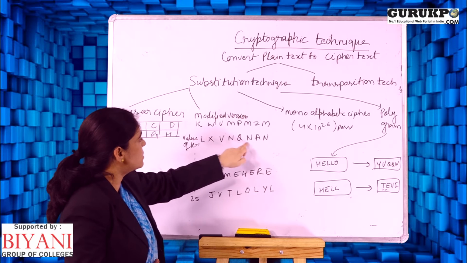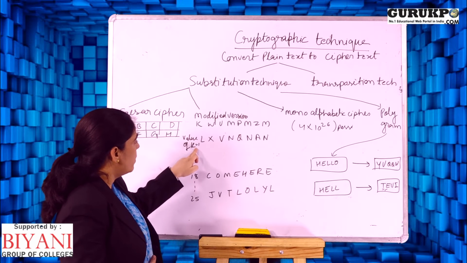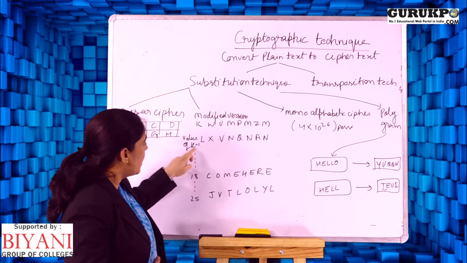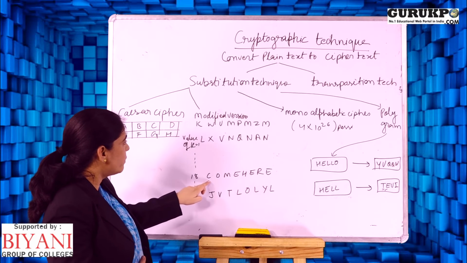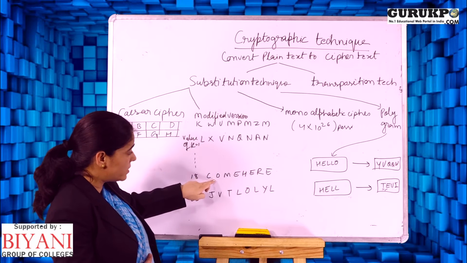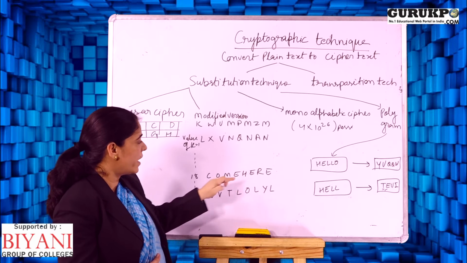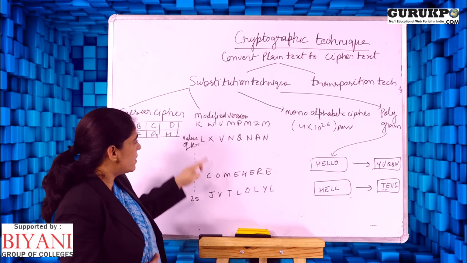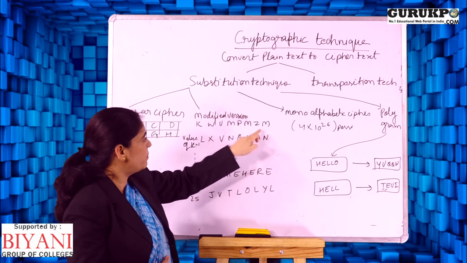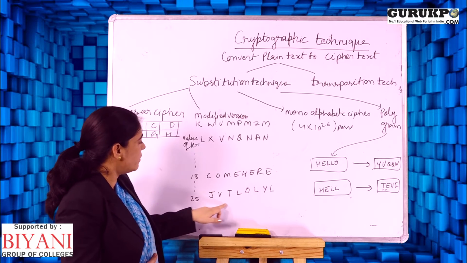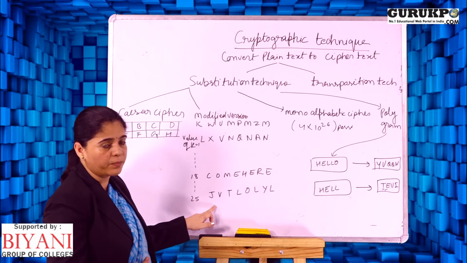Suppose the value of K is 1, then we replace accordingly, and at the 18th number we identify the ciphertext of this plain text, KWMPHM, and so on up to 25.